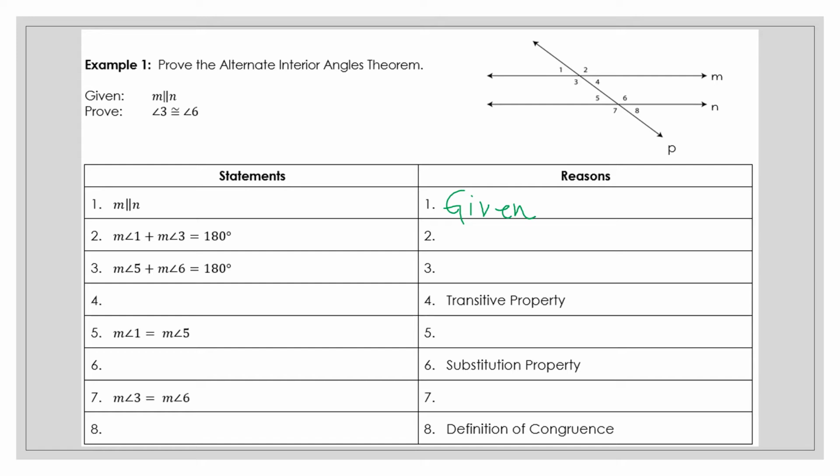I could have used different pairs, but statement 2 uses angle 3 and statement 3 uses angle 6, and since I was trying to prove those congruent, I used statements that include both 3 and 6. This is just the linear pair property. They form a line, so they add to equal 180. The reason for both is the linear pair property.